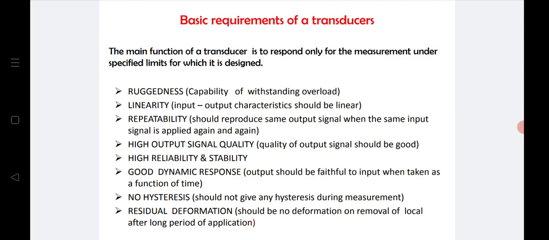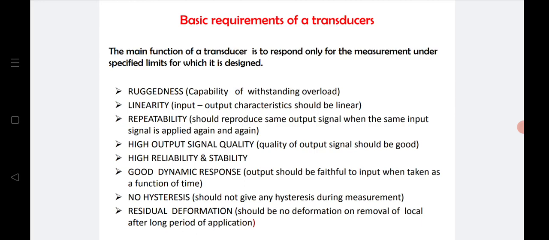Next one is high output signal quality. The quality of the output signal should be good. Next one is high reliability and stability. The output should always be stable. It should not fluctuate.